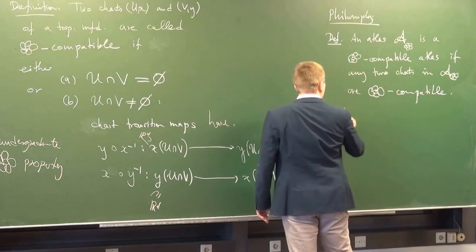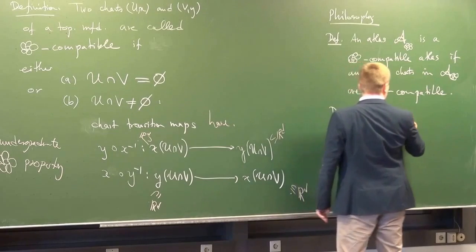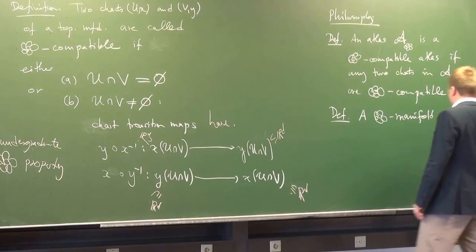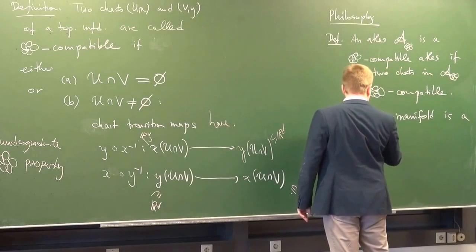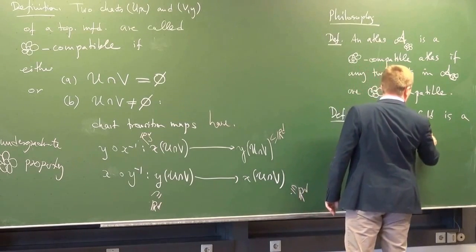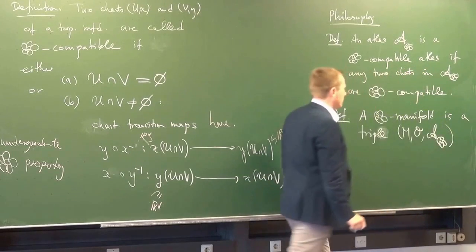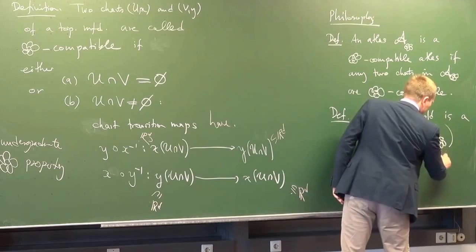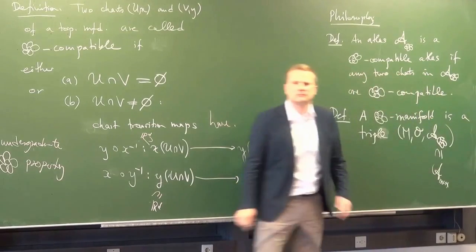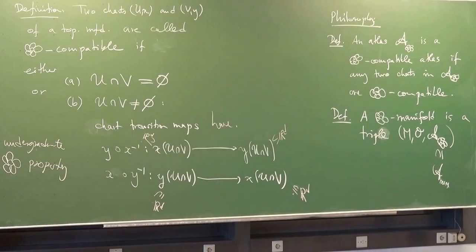And then you say a flower manifold is a triple (M, O, A flower). And of course the A flower must always be a subset of the maximal atlas, because it's an atlas.